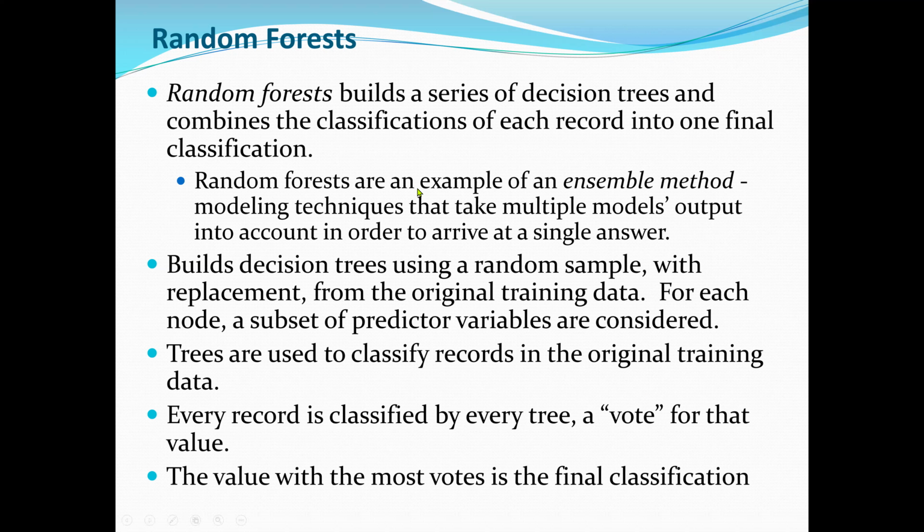So we build a decision tree using a random sample with replacement from the original training data. Now for each node, a subset of predictor variables is considered. Then the trees are used to classify records in the original training data.